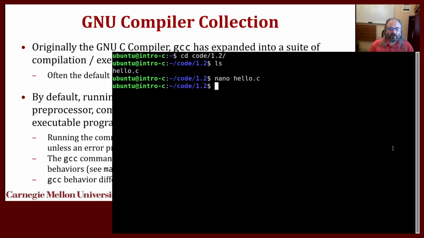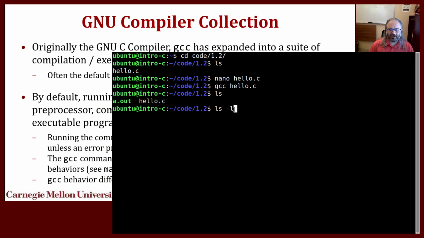Let's run this. Like I said, by default, when we run the GCC command, it will run all of the steps: preprocessing, compiling, assembly, and linking. If we now look at what's there, we have a new file in our listing, highlighted in green, which by default here means it's an executable.